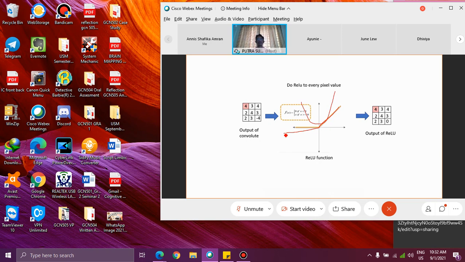You can have a function like this, slightly different. So when you have it like this, it's not ReLU, probably modified ReLU. Okay, all right.